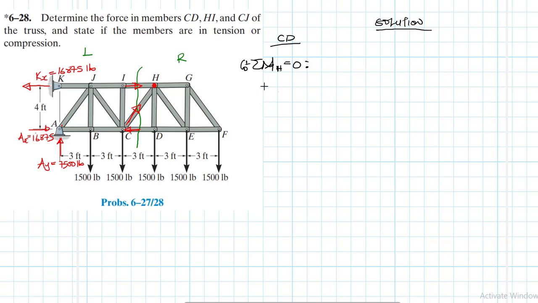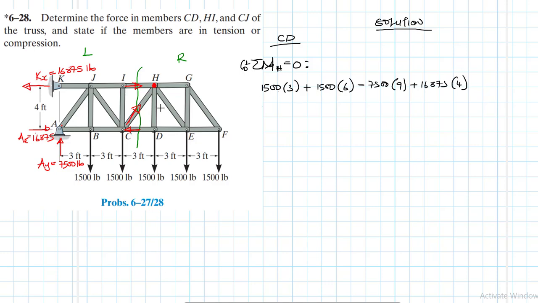So we expect to have 1,500 by 3 plus 1,500 by 6 plus minus 7,500 by 9, and then plus 16,875 by 4.